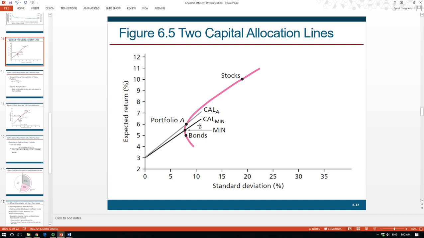Well, we should move this capital asset allocation line to the left to a point where it is tangent to this pink efficient frontier, so that the slope of this capital asset allocation line can be maximized, right? And the slope of the capital allocation line is equivalent to the Sharpe ratio.